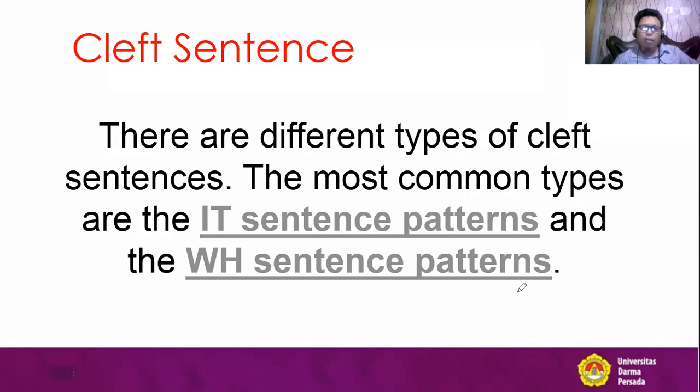According to this, the most common types are the it sentence patterns. Again, if you find a sentence with it, like we learned in the previous material about introductory it, that is a cleft sentence.